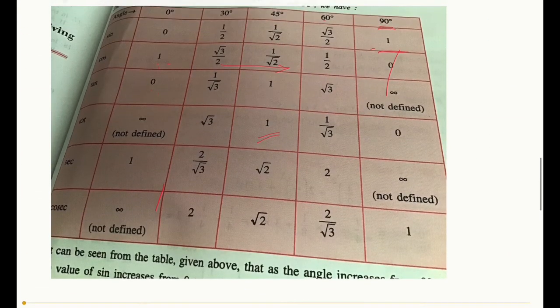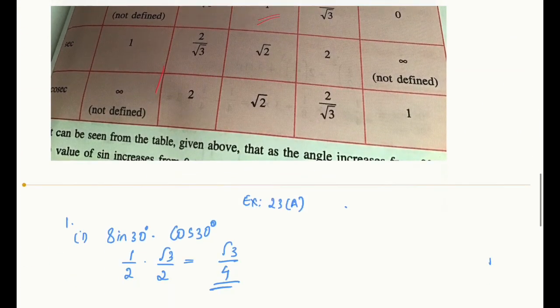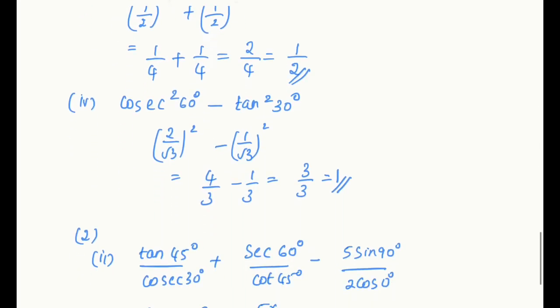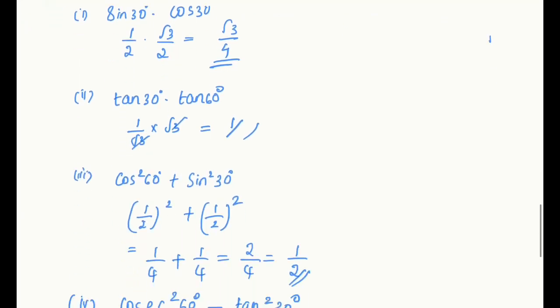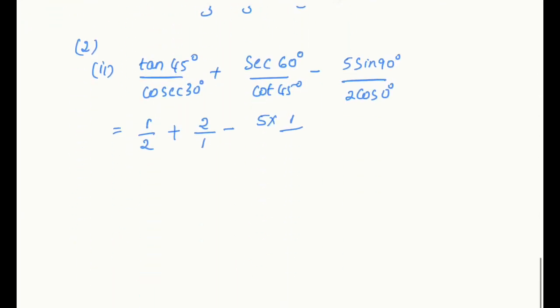What is sin 90 here? Sin 90 is 1, and in the denominator 2 cos 0. Cos 0 is again 1, so we are getting 2 into 1.